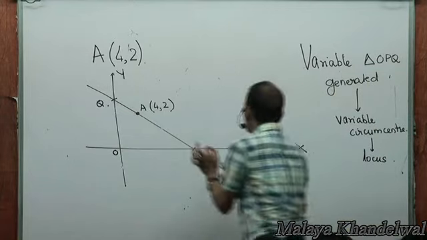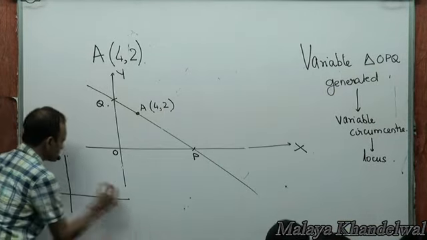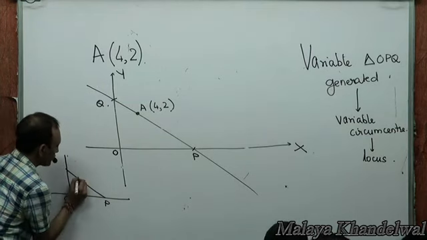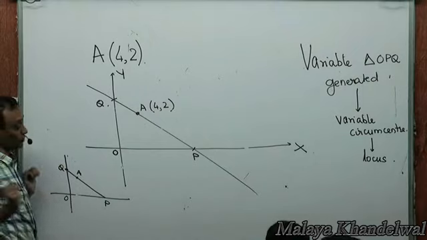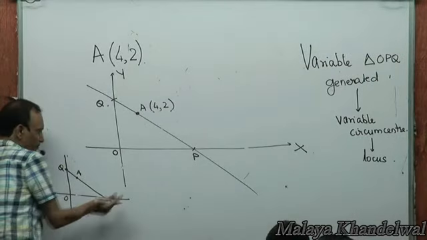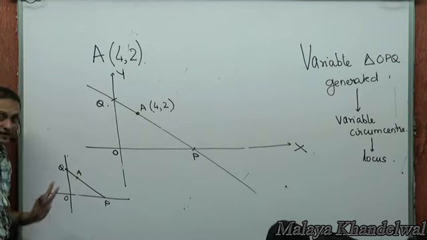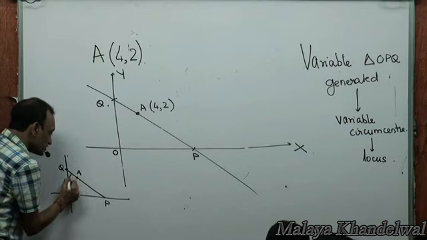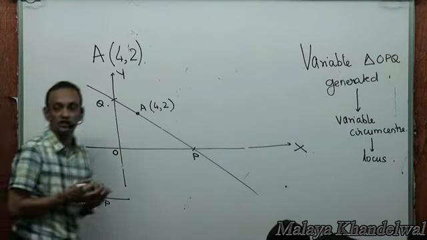Now, no matter where P and Q lie, while I select more and more lines passing through a fixed point A, what is guaranteed is that at every given instant of time, this triangle OPQ will be a right angle triangle, because this angle will not change.